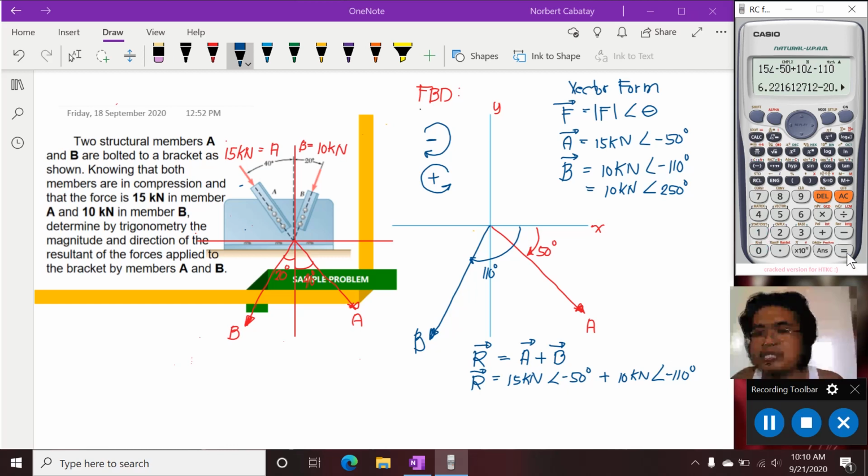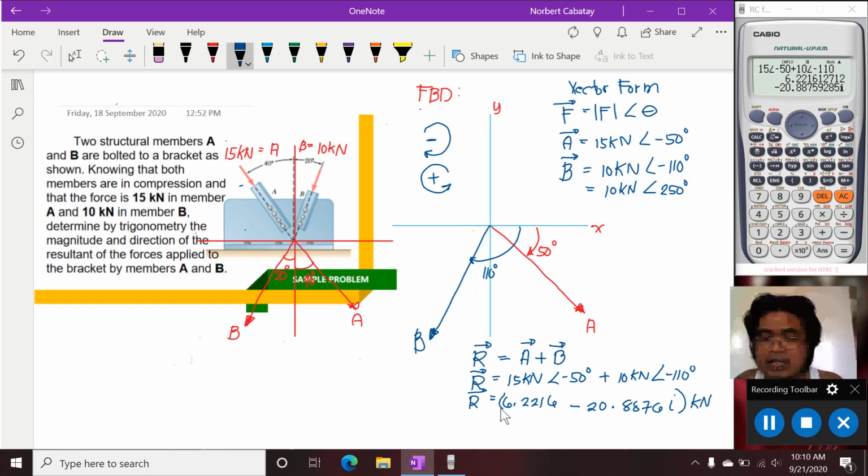Equals. To see the whole value, press SD, and the resultant that comes out is equal to 6.2216 minus 20.8876, that is in kilonewtons. Just put the unit here. The name of that form is the rectangular form.